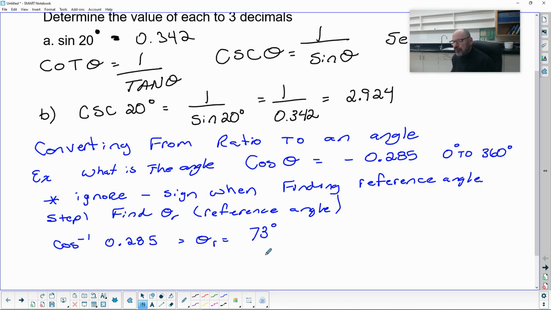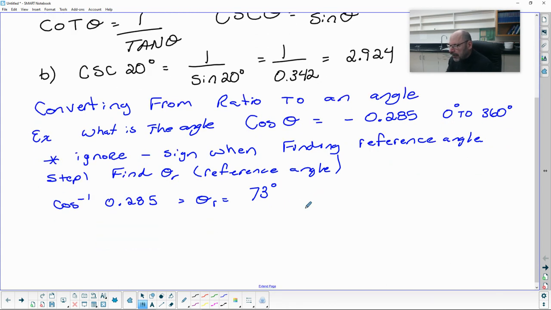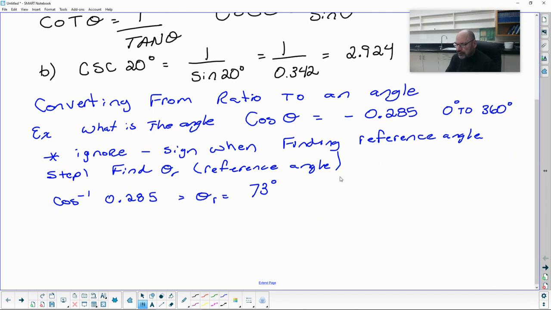Okay, now what we're going to do is draw our quadrants, because we're going once around the circle. And we're going to see where cosine is negative. And we're going to draw our two references in.